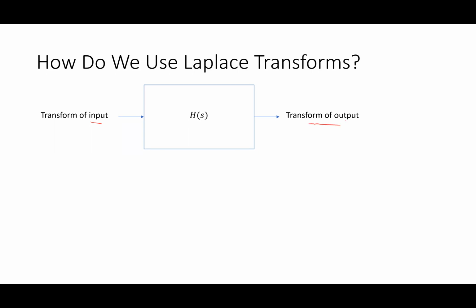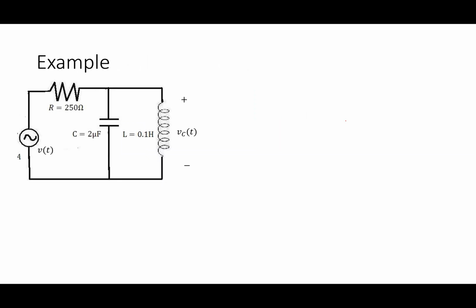The input is always some voltage source or current source, and the output is some current or voltage in the circuit somewhere. In this circuit, I could figure out V sub c of t by writing a differential equation. We all agree we don't want to do that, right?